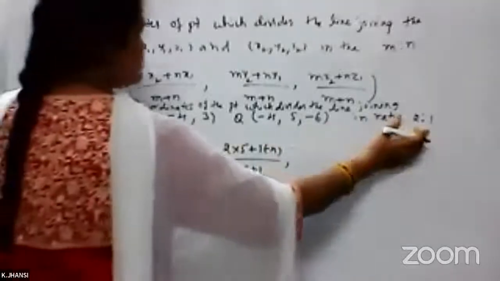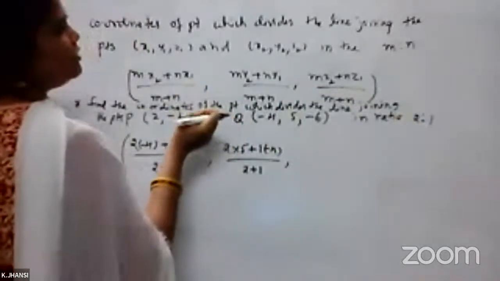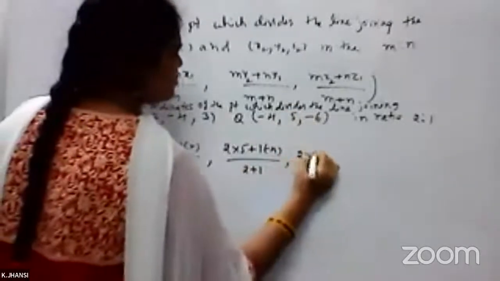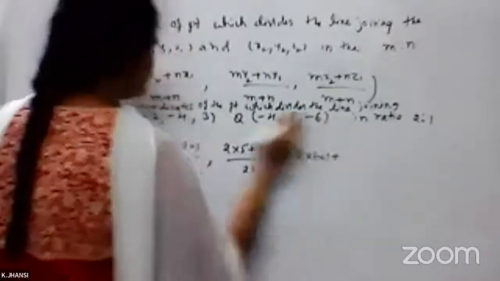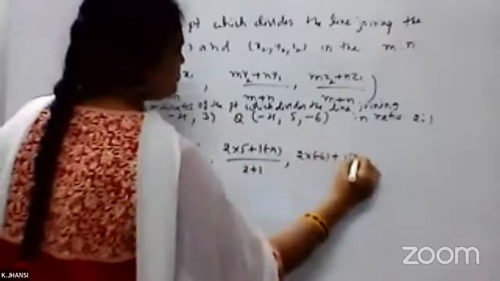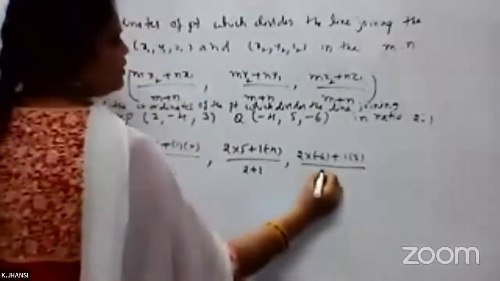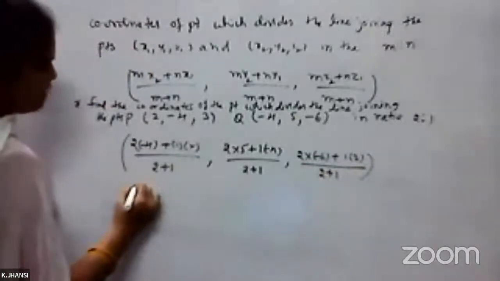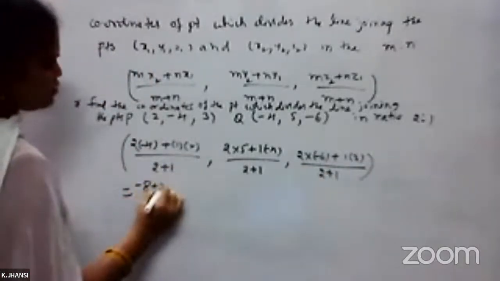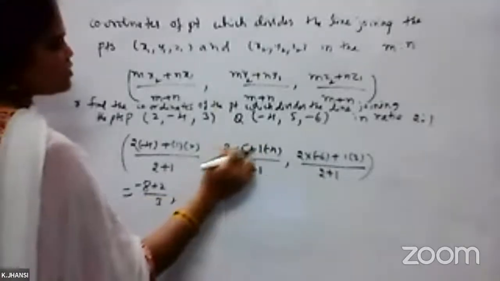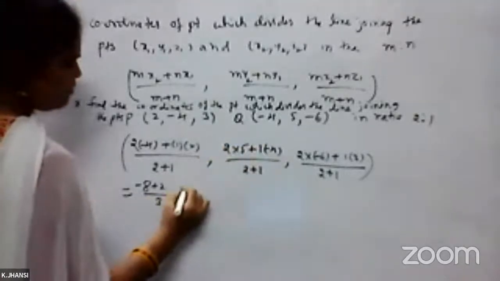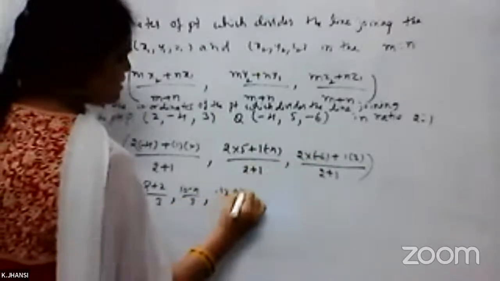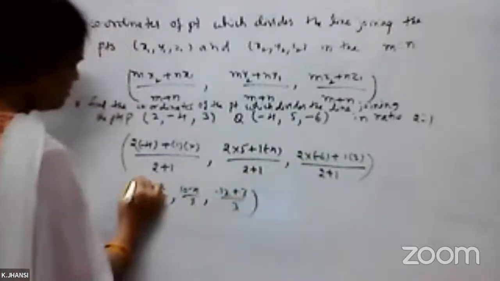Next, 2 into z2, z2 is this one, so 2 into -6 plus 1 into 3 by 2 plus 1. So it is -8 plus 2 by 3, and 2 5s are 10, 10 minus 4 by 3. Next this is -12 plus 3 by 3.